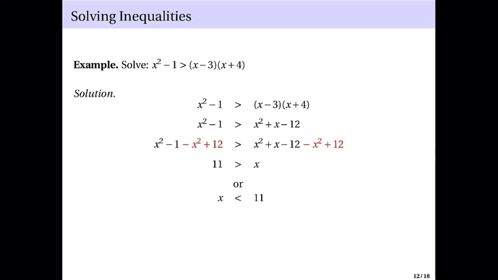And graphically, we have this real line here, and we need 11. So let's say 11 is in here. We need x less than 11. We do not include 11, so we use open. But we want x to be less than, so the parenthesis will open to the left.